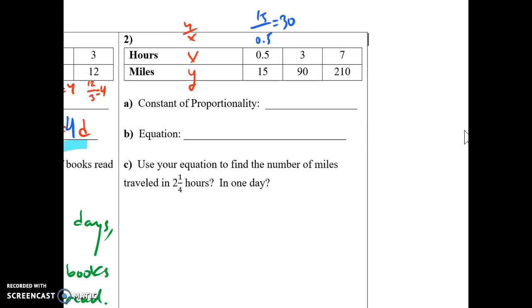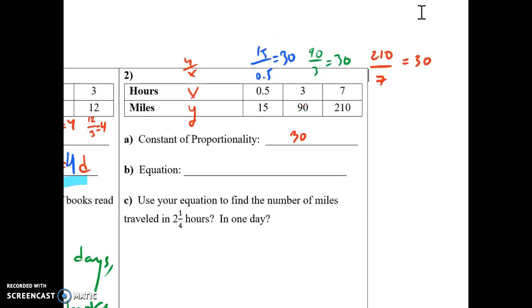For our second column, we're going to have 90 over 3. That's also 30. And for the last one, we have 210 over 7, which is 30. Alright, so our constant of proportionality is 30.